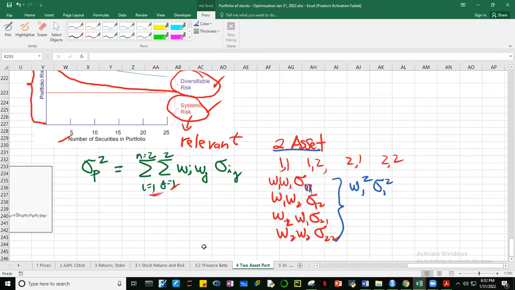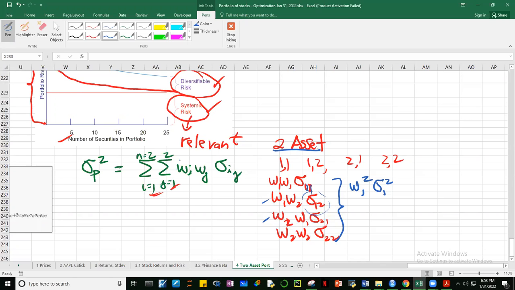Okay, ano pa? What next, guys? Ito. So this is W1, W2. Hindi natin pwedeng square yan kasi pwede magkaiba yung weights eh. W1, W2. So this is the covariance of 1 and 2. Ito naman, W2, W1, covariance of 2 with 1. Notice, guys, sigma 1, 2, covariance of 1, 2, is the same as covariance of 2, 1.